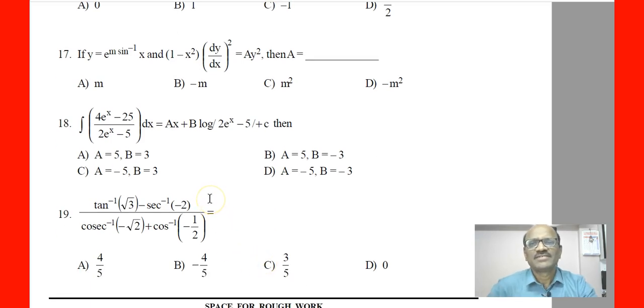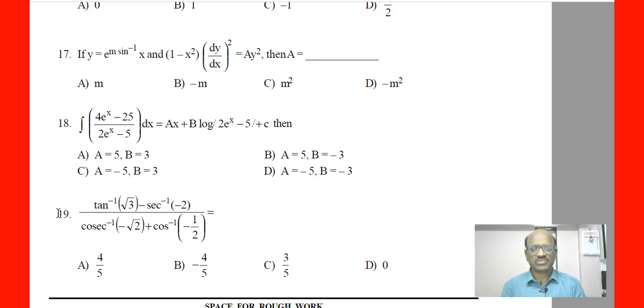it's a question from integration, and it is of the form integral of a sin x plus b cos x upon c sin x plus d cos x, or integral of the form a into e raised to x plus b upon c into e raised to x plus d. This is the form. Then what is the answer of this question?